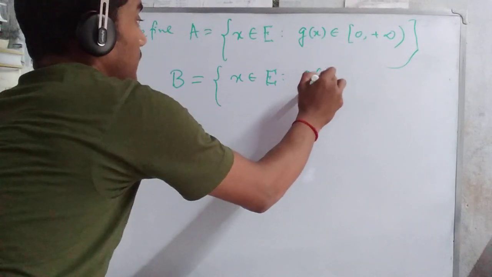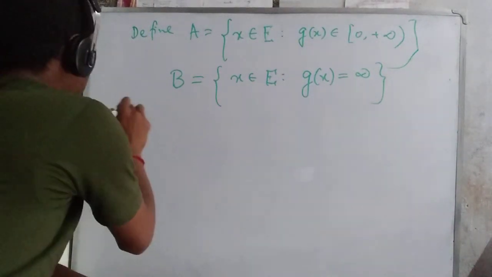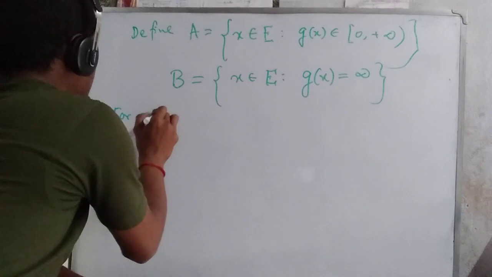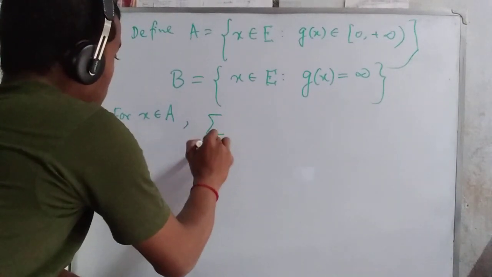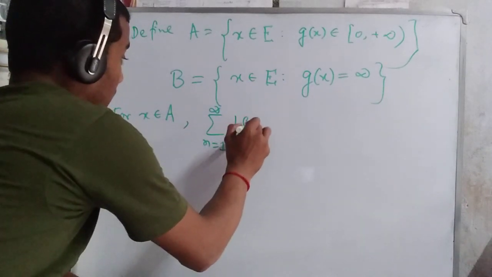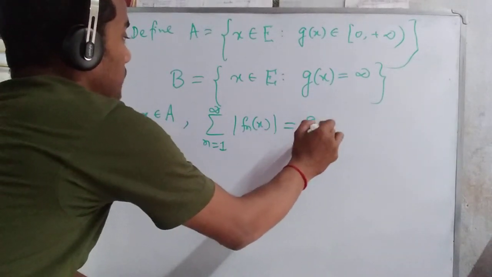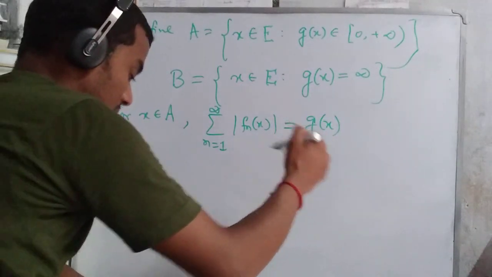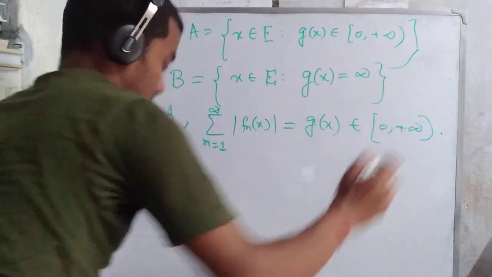Gx equal to infinity. Then what happened? Then for x belongs to A, okay, n equal to 1 to infinity mod of fn x equal to what? Equal to gx belongs to what? Belongs to 0 plus infinity. Okay.